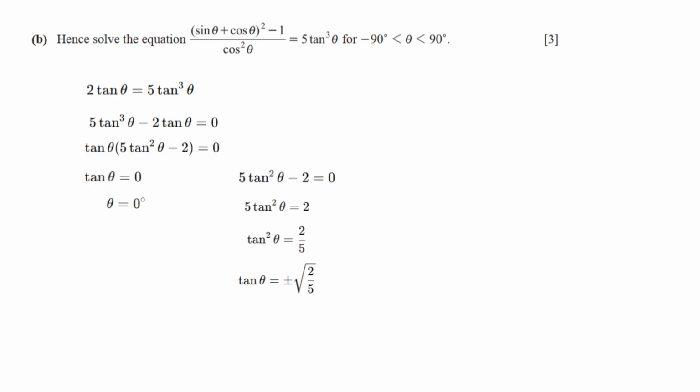So theta is nothing but tan inverse of plus or minus square root of 2 over 5. So we get two values here. Theta is equal to tan inverse of positive square root of 2 over 5 and theta is equal to tan inverse of negative square root of 2 over 5.